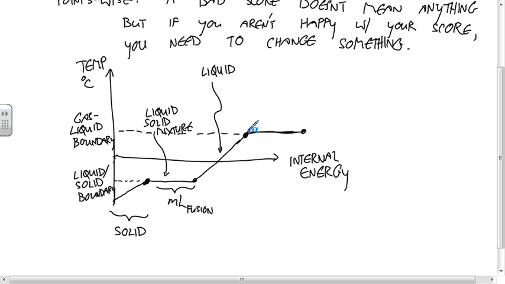So if you're near this endpoint, you have mostly liquid at that phase change temperature and a little bit of vapor. If you get here, you have mostly vapor and a little bit of liquid. This amount of energy is the mass times the latent heat of vaporization.